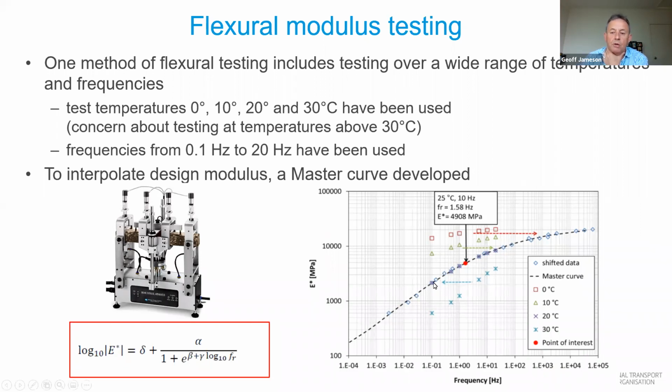From those results, the results are converted to a reduced frequency, and then you can interpolate the modulus at any temperature or any rate of loading within that temperature range. One of the limitations of this test is that we can't test above 30 degrees C, which is a major limitation for Australia, because a lot of our design situations have temperatures above 30 degrees.